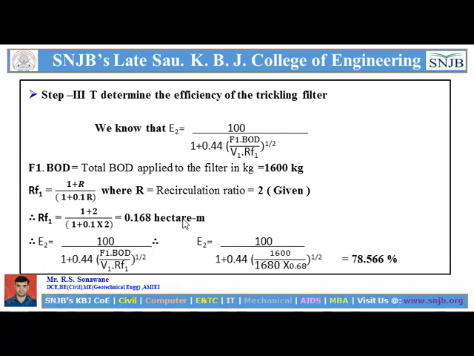So put the values of all the magnitudes in the particular formula. F1 we have found out just here. So the volume of the trickling filter, you know that RF1 also we found out here. So put all the values in this particular formula.